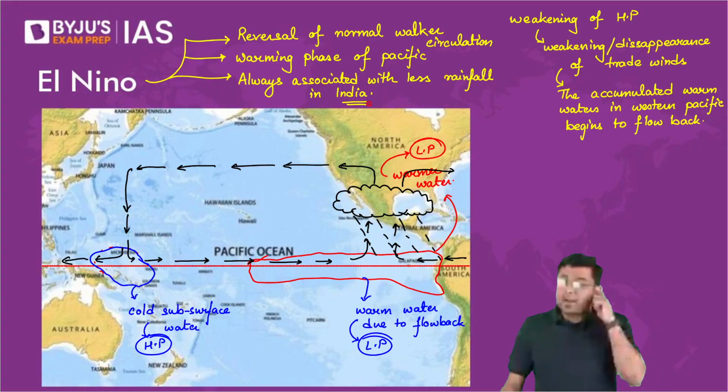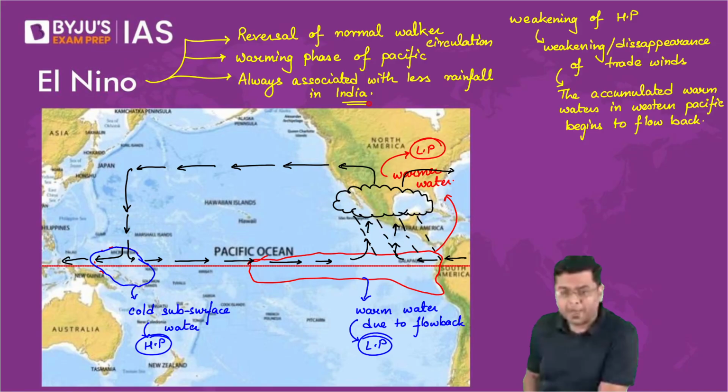And that is when we talk about climate change and global warming. Now, will climate change and global warming induce greater frequency of La Nina or greater frequency of El Nino? What do you think? Climate change and global warming. Good. It will always lead to El Nino.